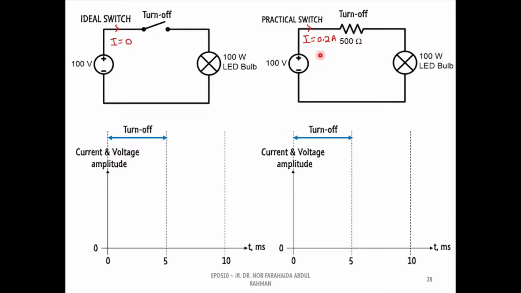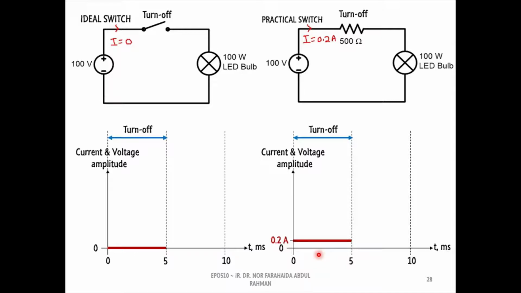Based on the circuit analysis, we can sketch the current waveform of the ideal and practical power switches as follows. To know the voltage characteristic, we need to apply KVL.